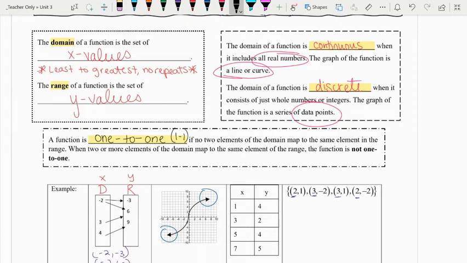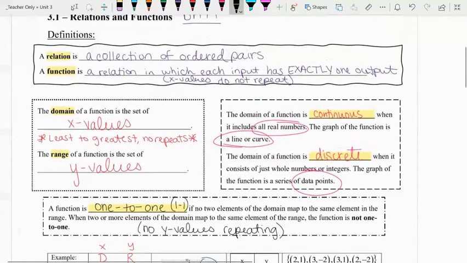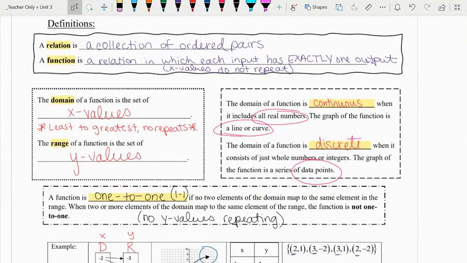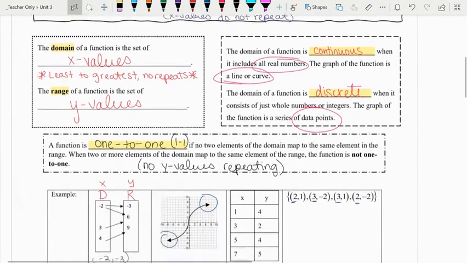When 2 or more elements of the domain map to the same element of the range, the function is not 1 to 1. So essentially it is 1 to 1 when there are no y values repeating. Okay, so it's a function if no x's repeat, it's 1 to 1 if no y's repeat.